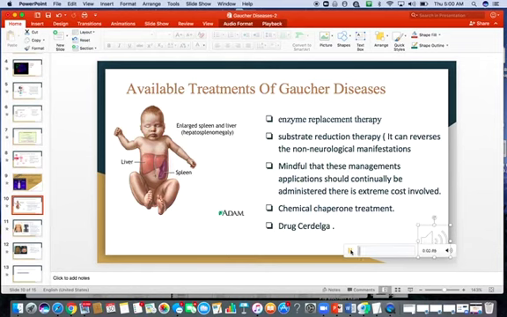Gaucher disease can be treated through enzyme replacement therapy and substrate reduction therapy. The substrate reduction therapy simply means it is able to reduce the symptoms of any neurological effect or any neurological malfunctions within the body.